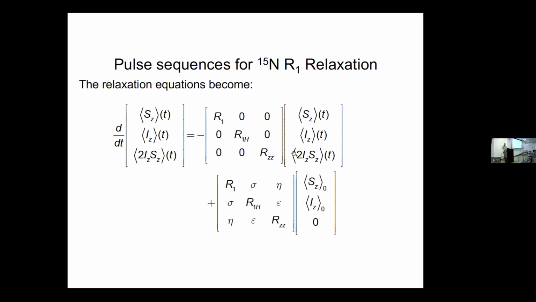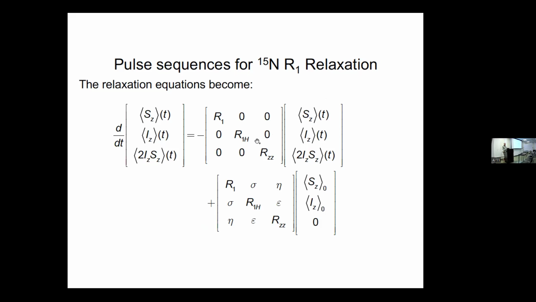And in the end, if we pulse fast enough, again, we're pulsing on the I spin. And you could say the effect of pulsing on the I spin is to make terms that have the IZ operator look non-secular with respect to SZ. So we could set these two terms to 0, these two terms to 0.